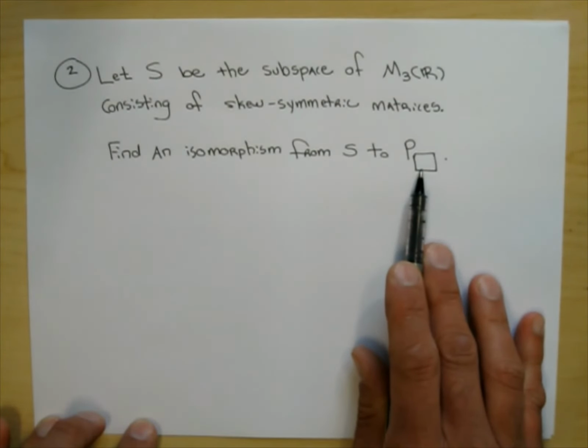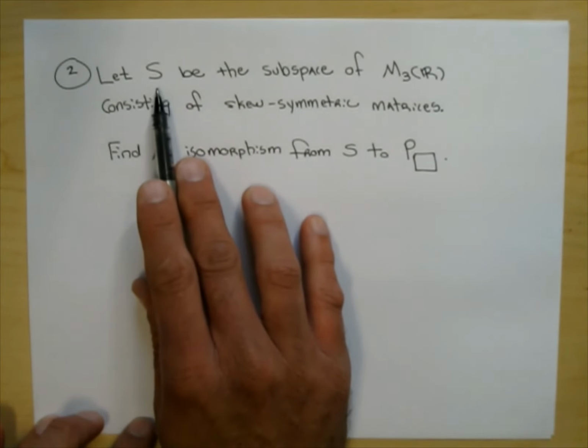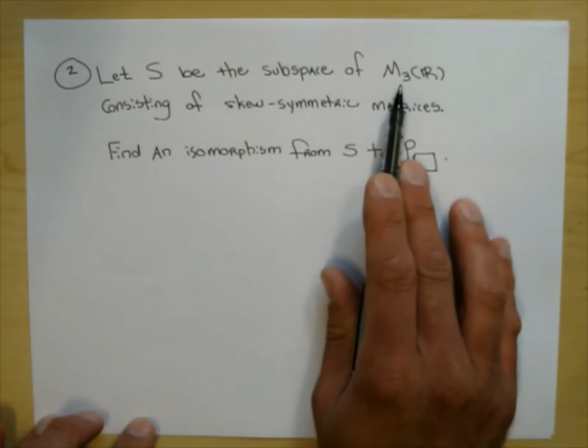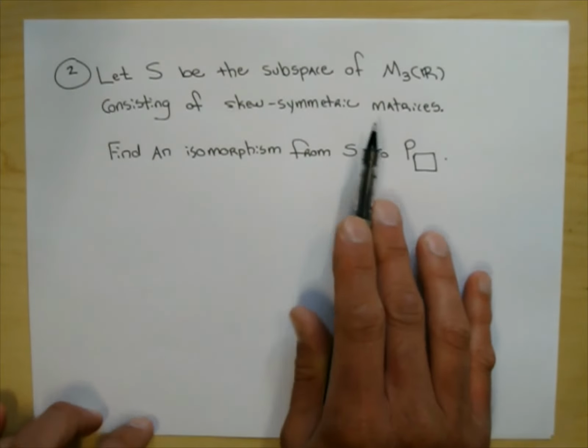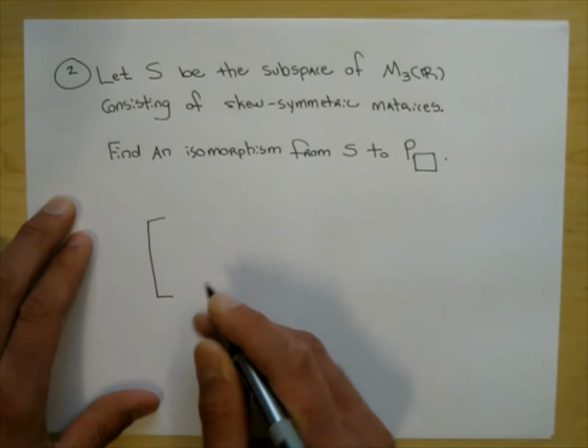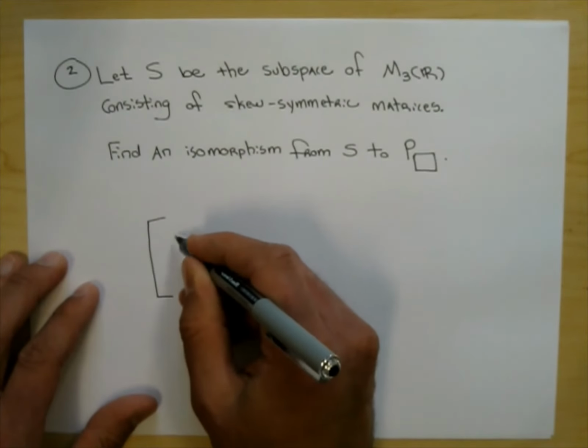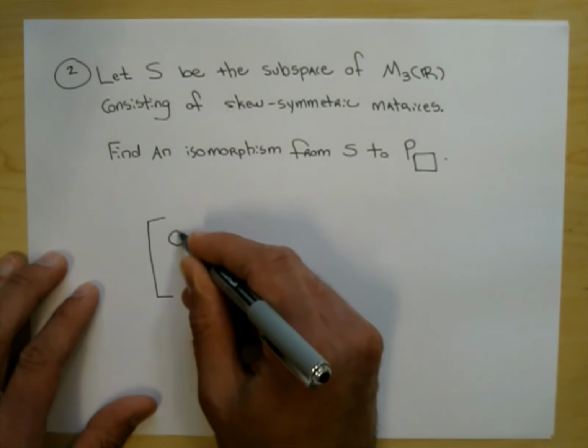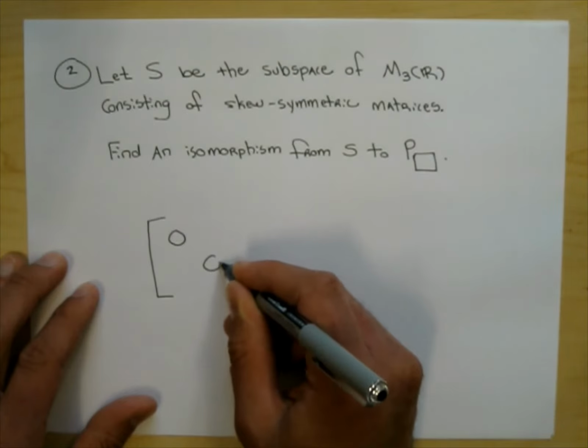Before we do, let's go ahead and put a representative of S up. So 3x3 matrices, skew symmetric. So we'll put a representative 3x3 matrix. For it to be skew symmetric, you have to have the main diagonal being zeros.